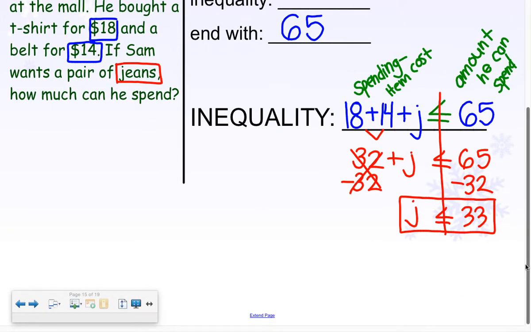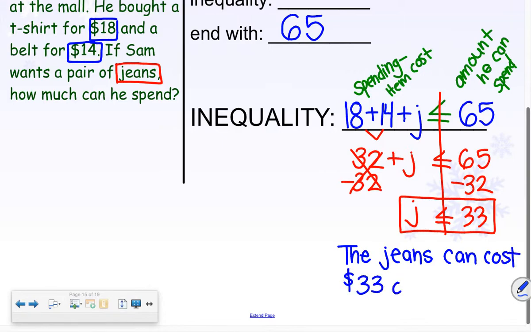This means that the jeans, because it's less than or equal to, so the jeans can cost $33 or less.